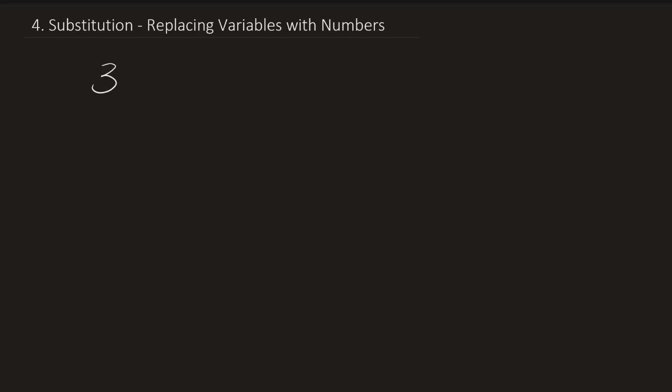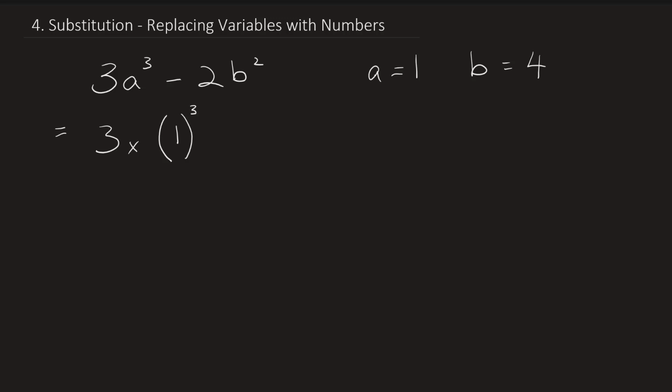Here's another one: 3a cubed minus 2b squared, and a is 1, b is 4. So this is 3 multiplied by a cubed. A is 1, so that's 1 cubed, minus 2 multiplied by b squared, so that's 4 squared.